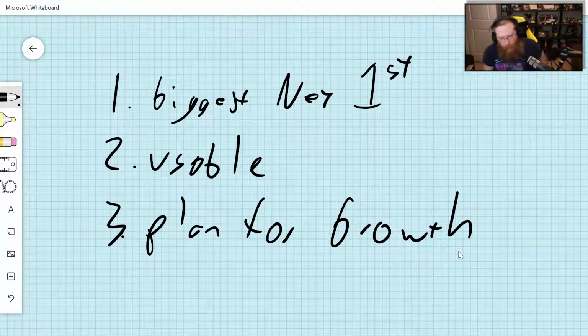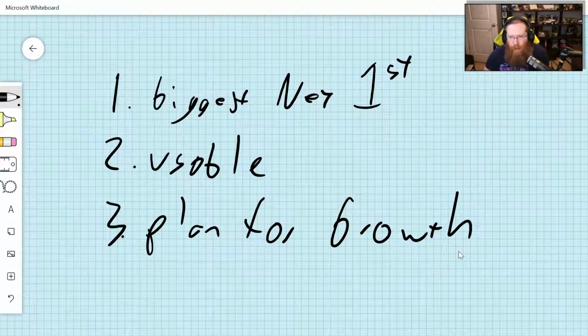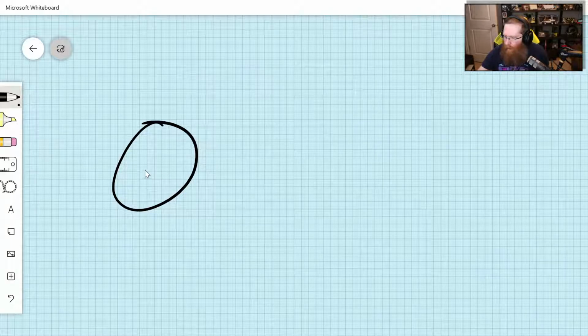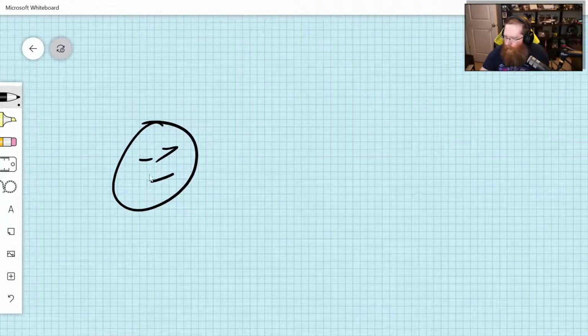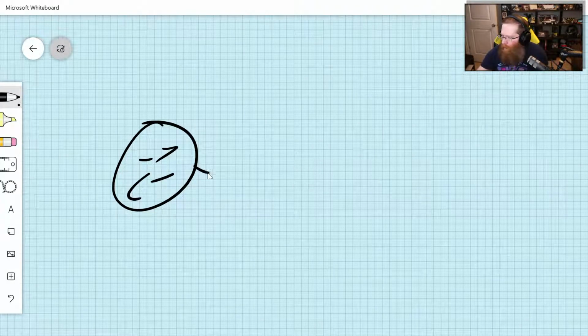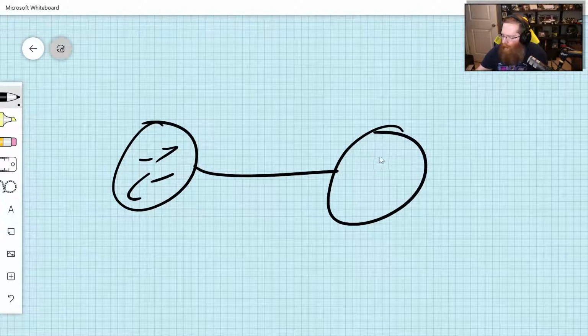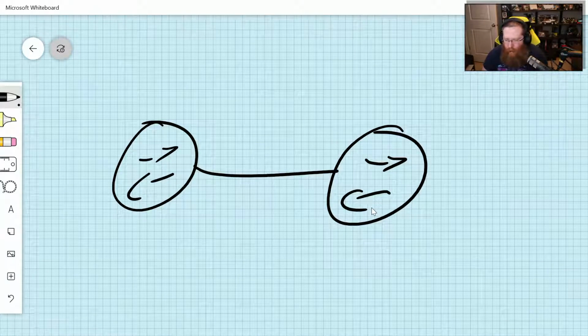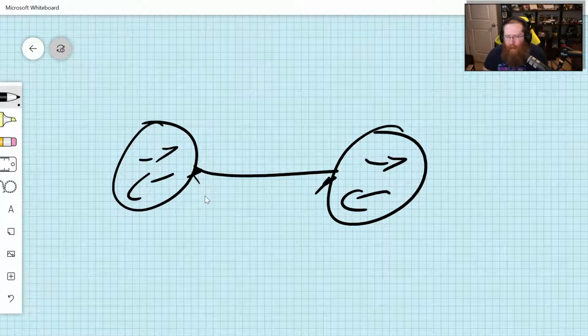Okay. There are a couple times when we don't plan for growth. So this is a router connected to another router. Okay. We call this a point-to-point connection because there's only 2 possible locations for IP addresses to be connected to.